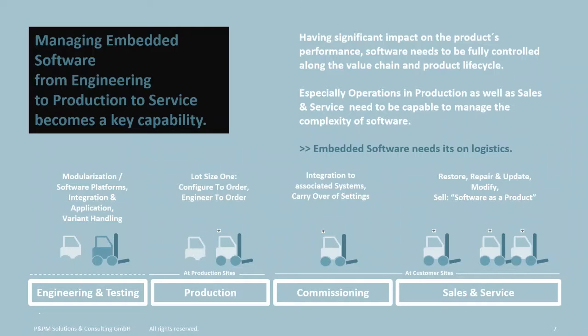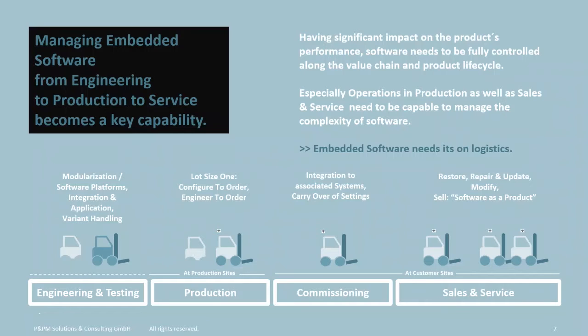And that brings a lot of challenges into the engineering work, in regards to managing the integration into the overall product and the mission-specific application of the different functions. So the huge challenge here already, during the engineering work, is also the variant handling of the software functions.